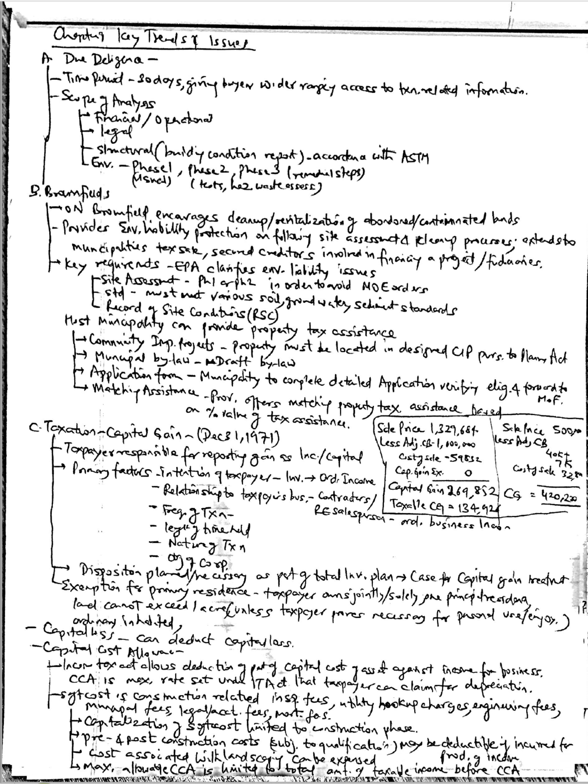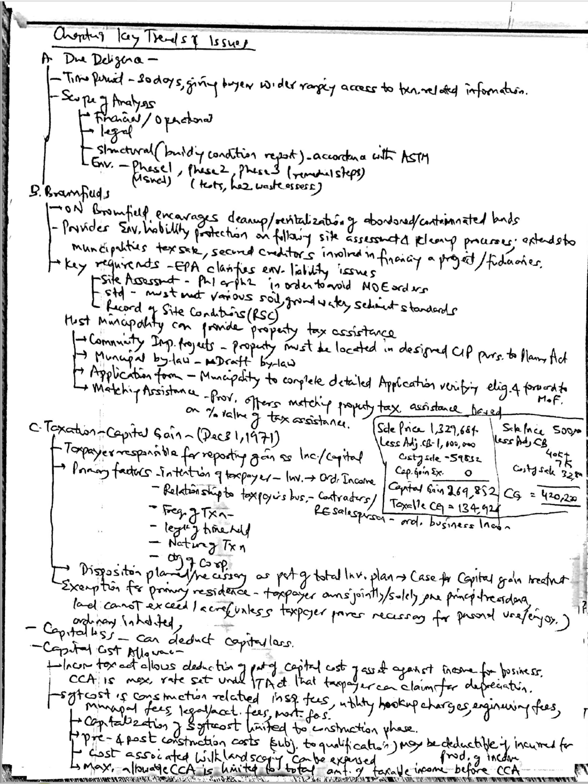Site assessment: the property must meet the site assessment standards, phase 1 or phase 2, depending on the past and present use, in order to avoid future MOE orders. Standards: the property must meet various soil, groundwater, and sediment standards appropriate for the intended use. Record of site conditions: the preparation of a record of site conditions is required as detailed in this regulation, along with subsequent filing with the Environmental Site Registry.